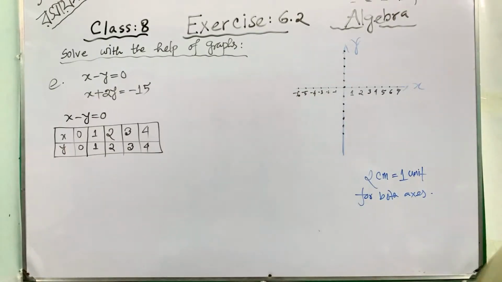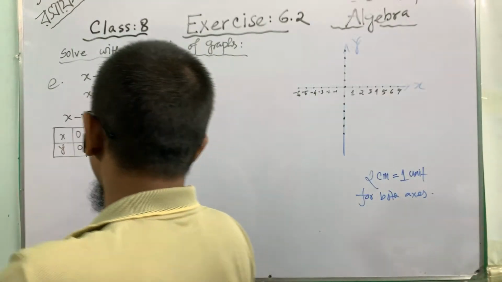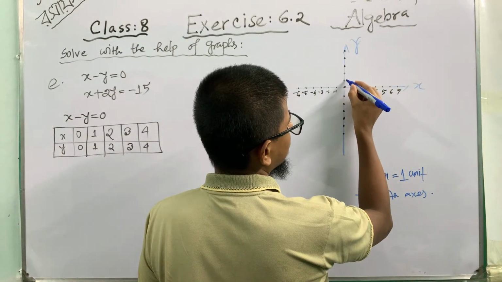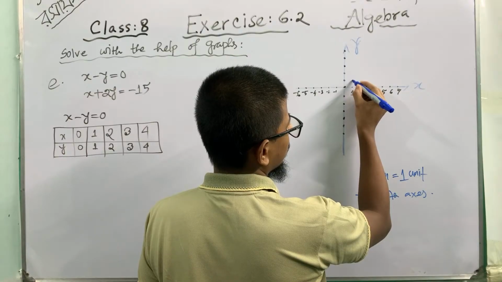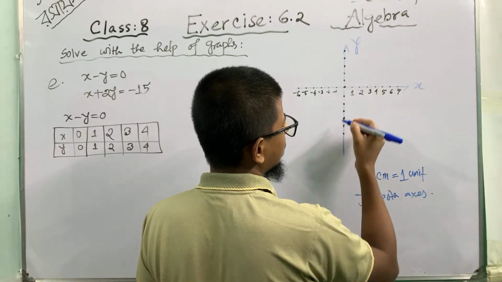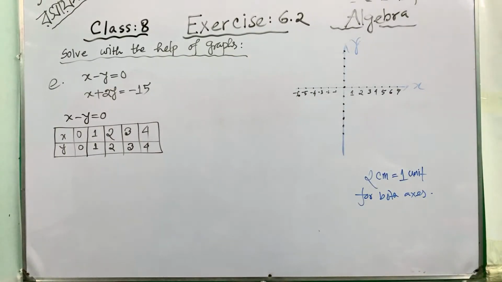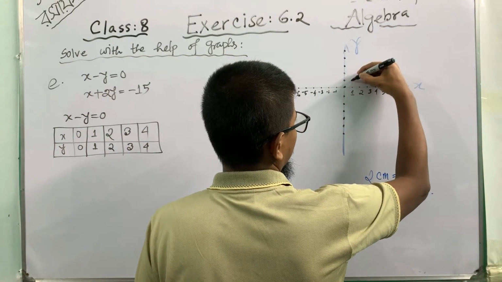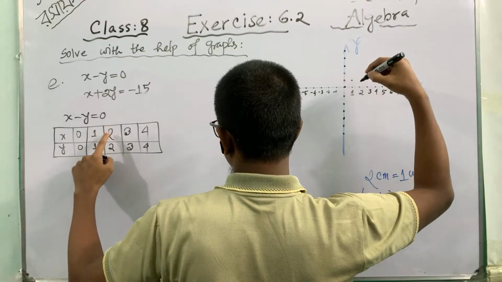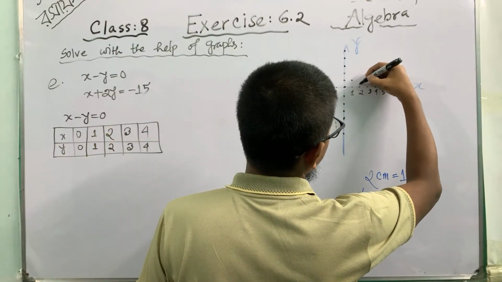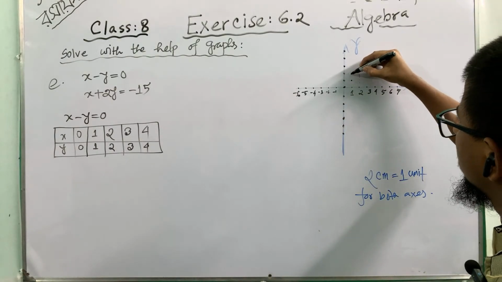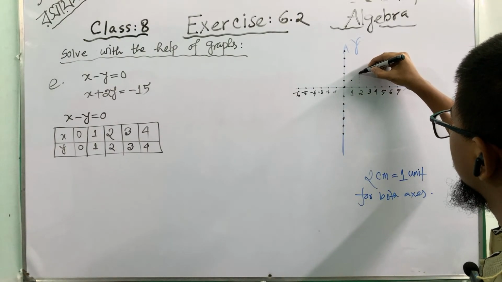The points. So I have x equal to 1, I have y equal to 1. So x equal to 1 and y equal to 1 is going to intersect here. You don't see it. I'm going to use a black marker. So for x equal to 2, y equal to 2. So I have this y value and x value both intersecting here.